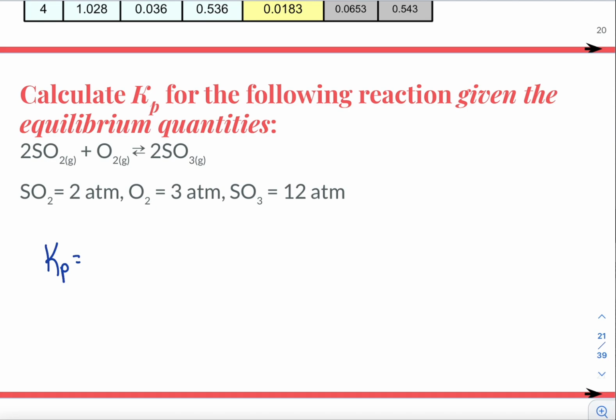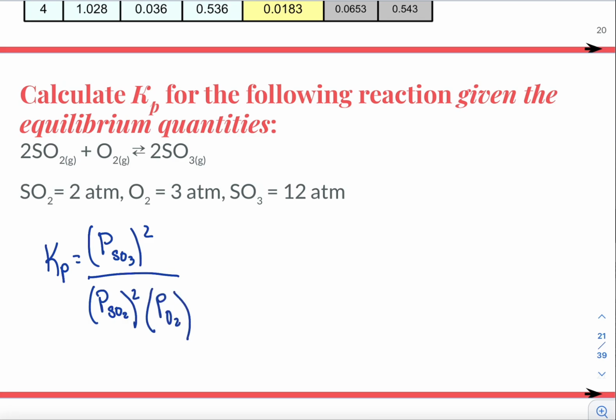So we have the pressure of SO3 squared over the pressure of SO2 squared times the pressure of O2. And because O2 doesn't have a coefficient, we don't have to have an exponent for that one.